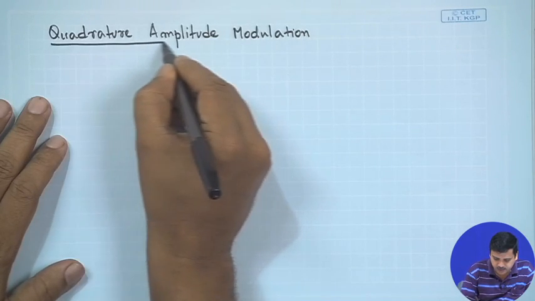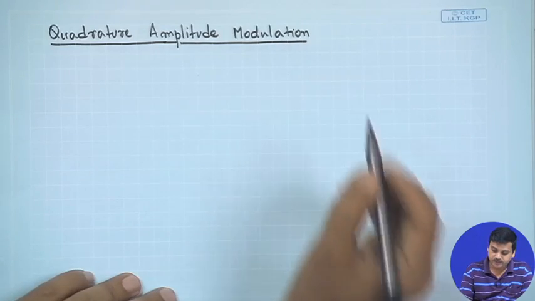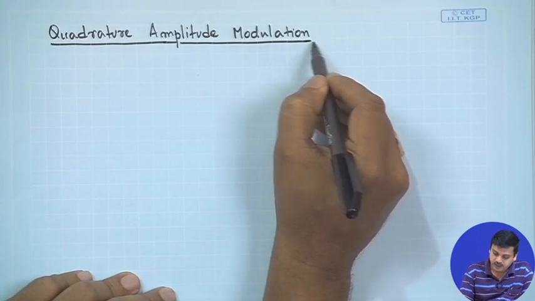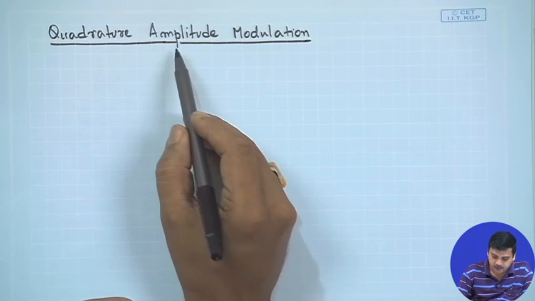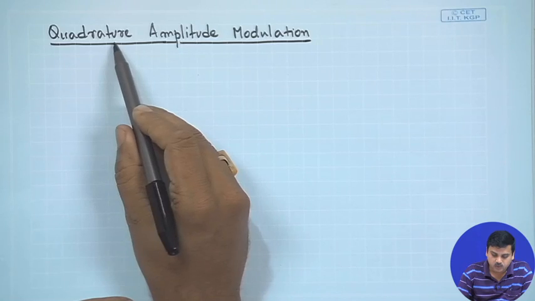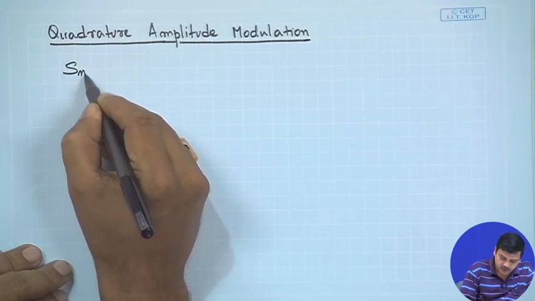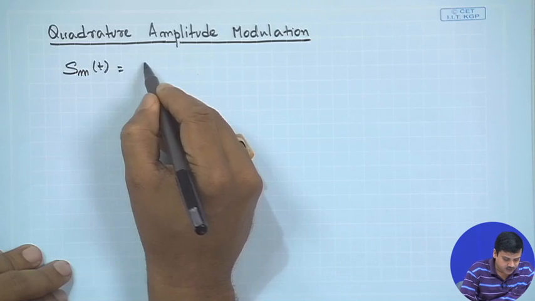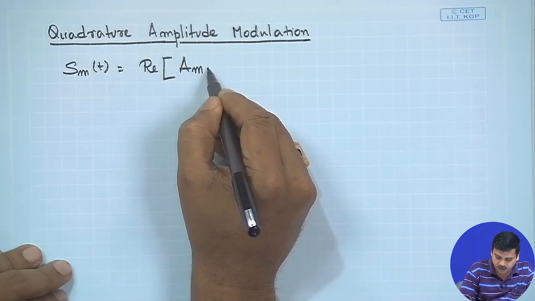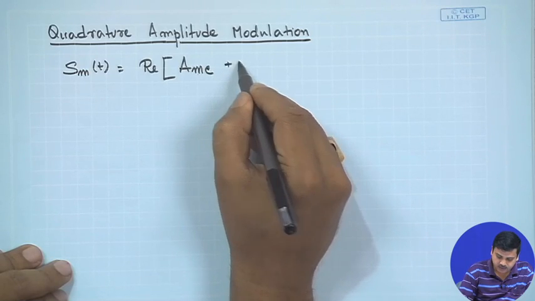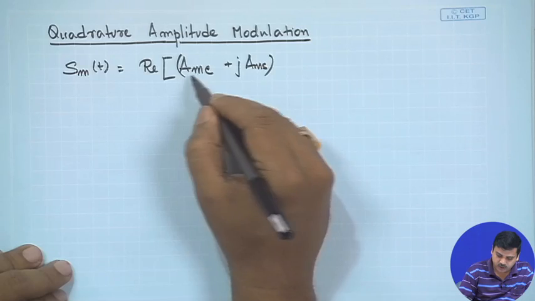we did describe the meaning in terms of the words that are used over here. So modulation, we said, in our context would mean symbol mapping. Amplitude is of course amplitude, and quadrature is in terms of the quadrature carrier, and we had written down the signal expression s_m(t) as the real part of a message with the cosine plus j A_m with the sine, that means the quadrature amplitudes.